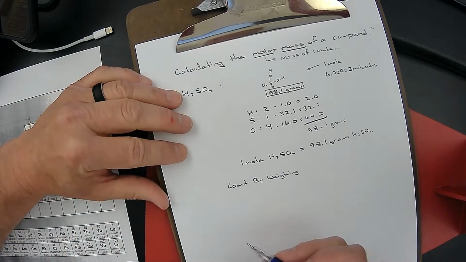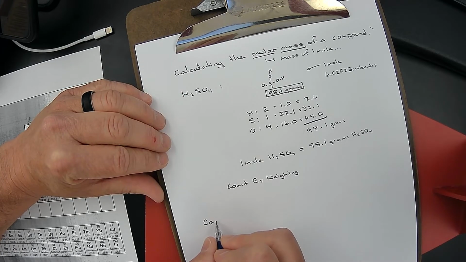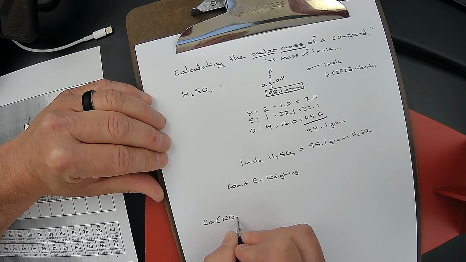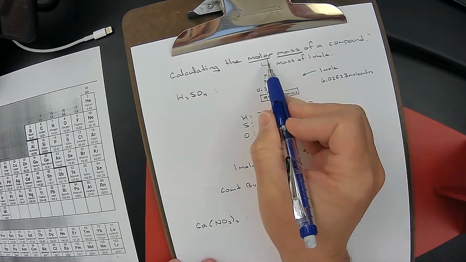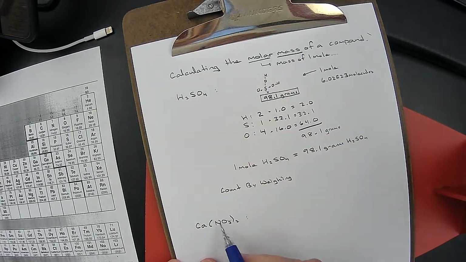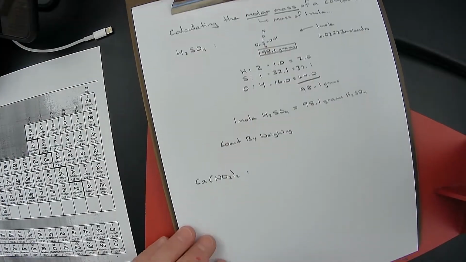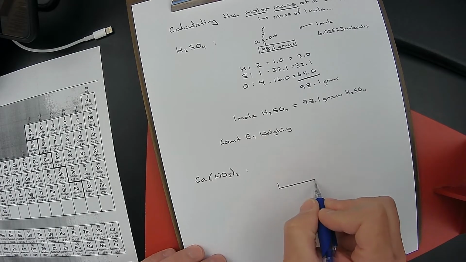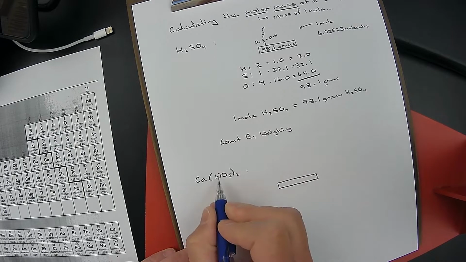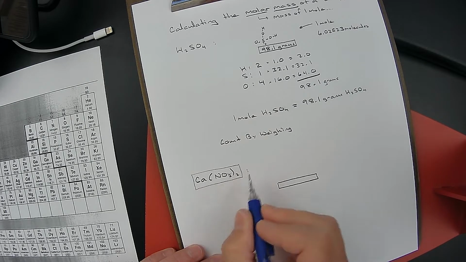I'd like to go through one more example with you, and let's look at Ca(NO3)2. So if I want to calculate the molar mass of this substance, the concept behind the molar mass is this.